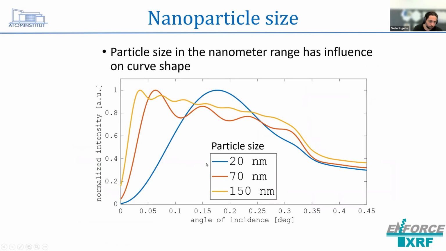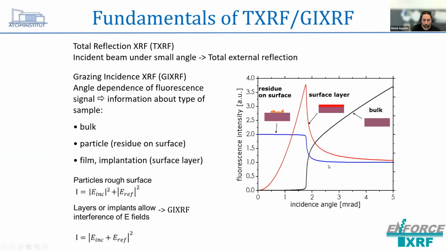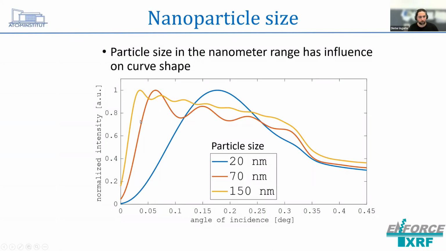The one thing I also want to mention now is that one thing that can be problematic is if we do TXRF analysis of particles, where small particles, nanoparticles, then the curve shape will no longer be this step-like curve, but it can be something different depending on the size of the particles.